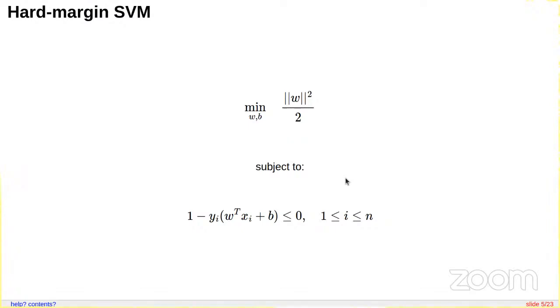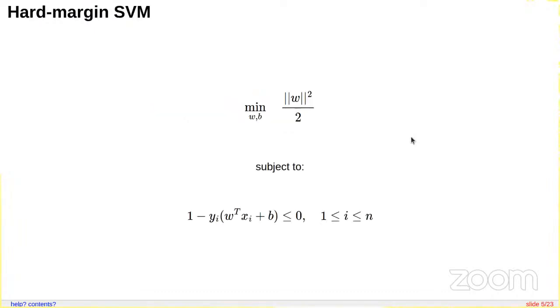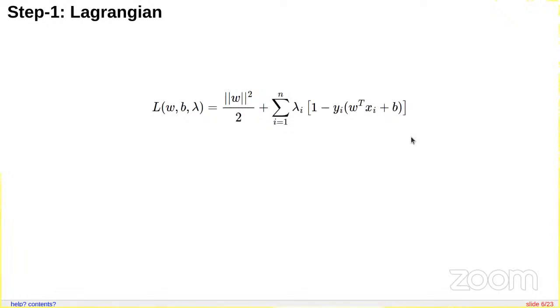Okay, so minimize f of x subject to g of x less than or equal to 0. There are n such constraints, one for every training example. Okay, so we'll go step by step. Remember that the first step we have to do is come up with the Lagrangian, right? So is this step clear to everyone?